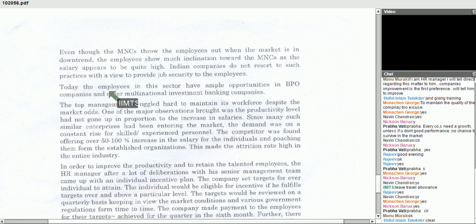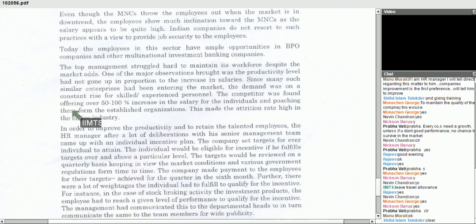Now let's read further. Today, the employees in this sector have ample opportunities in the BPO companies. All of you are familiar with BPO companies, business process outsourcing, and other multinational investment banking companies. The top management struggled hard to maintain its workforce despite the market odds.